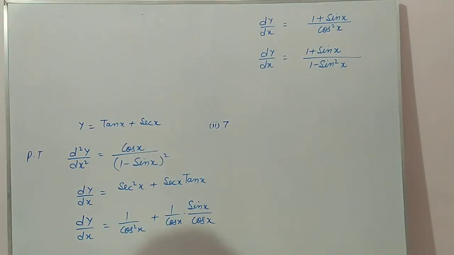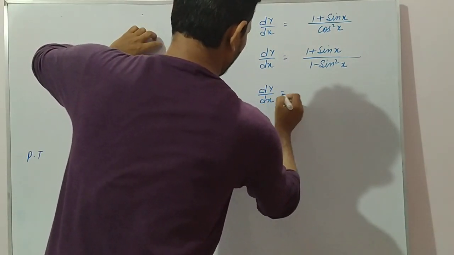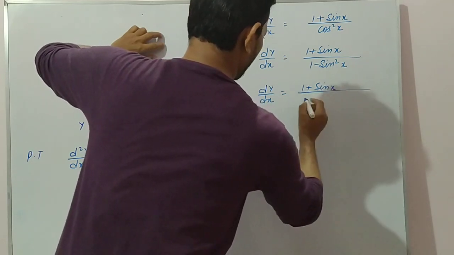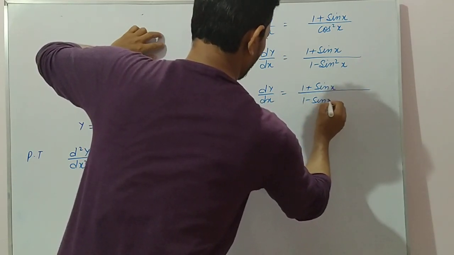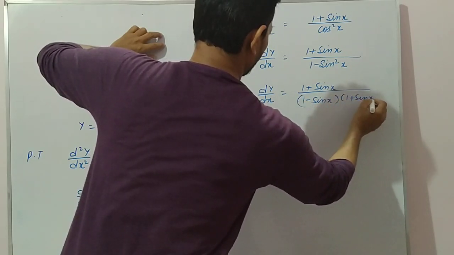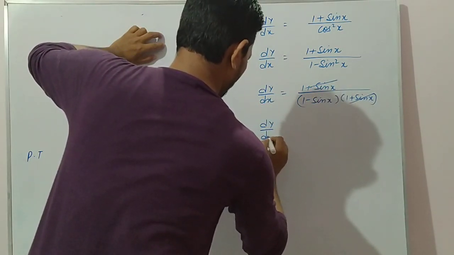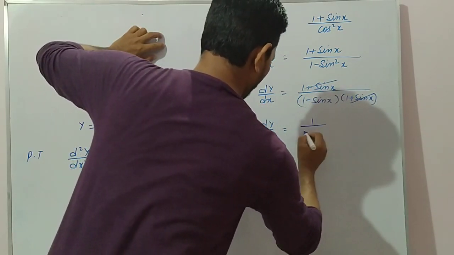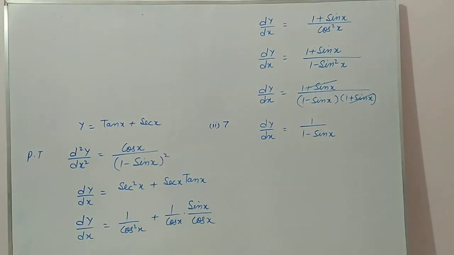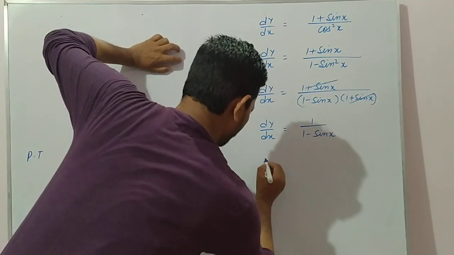Now this 1 minus sin square x can be written as 1 minus sin x into 1 plus sin x. These two will cancel out. Dy by dx equal to 1 by 1 minus sin x. Now d2y by dx square.